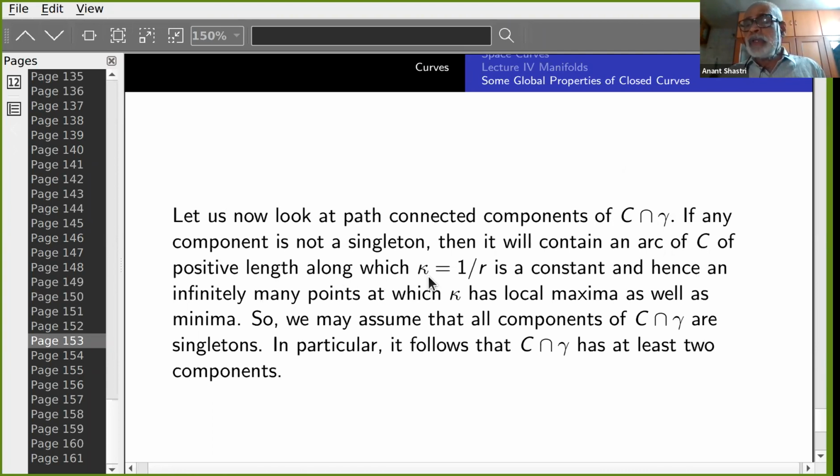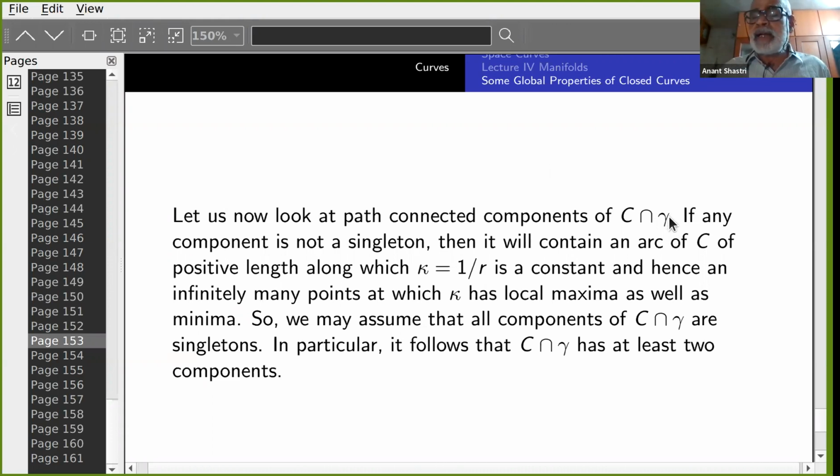If you have an arc of a circle, what is the kappa? Kappa is a constant 1/r for the circle. But now the circle is the same as the curve gamma at that part.